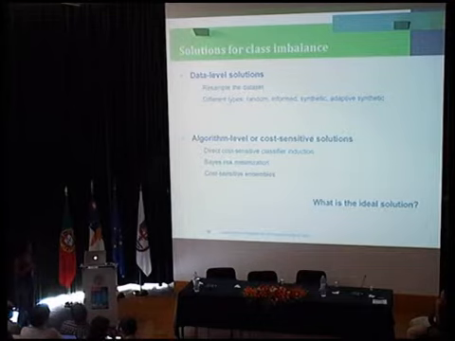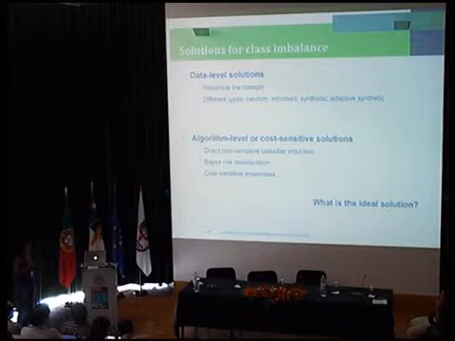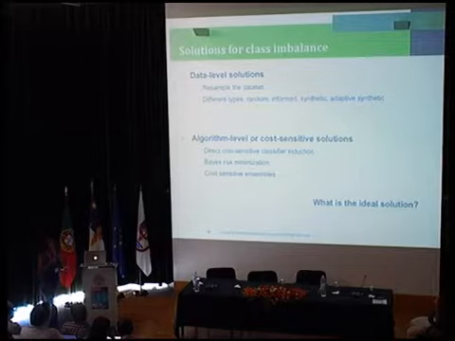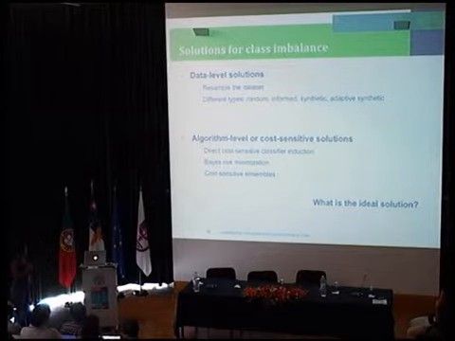Usually in the literature, the state of the art is an algorithm that is called SMOTE, okay? But in this case, basically, when you give the data set to the classifier, the data set is no longer imbalanced, okay? You already dealt with the imbalance before that.